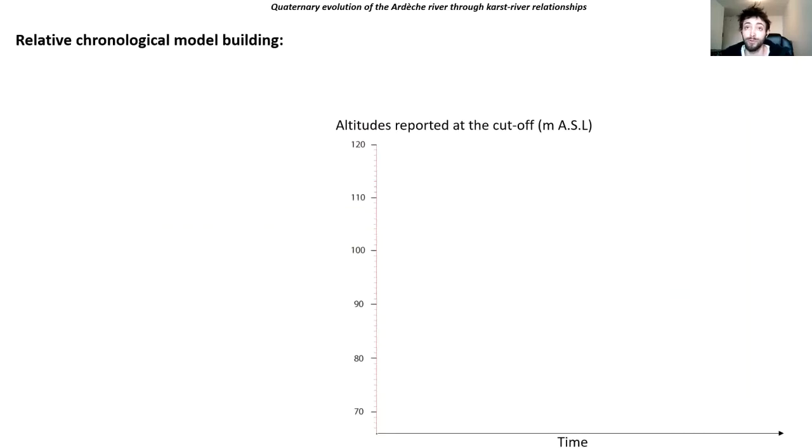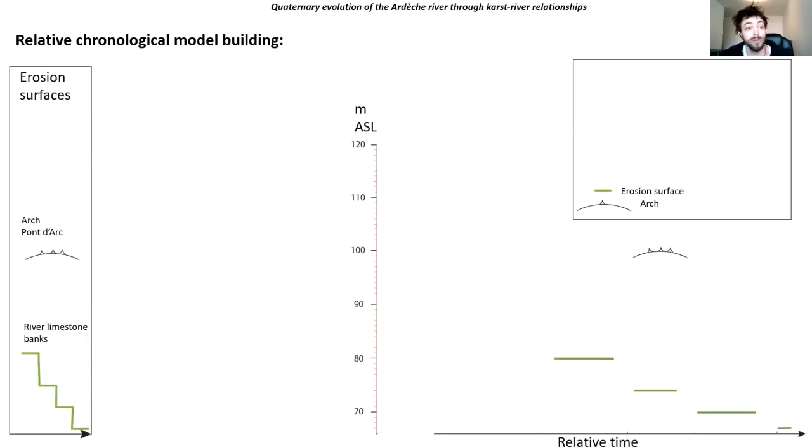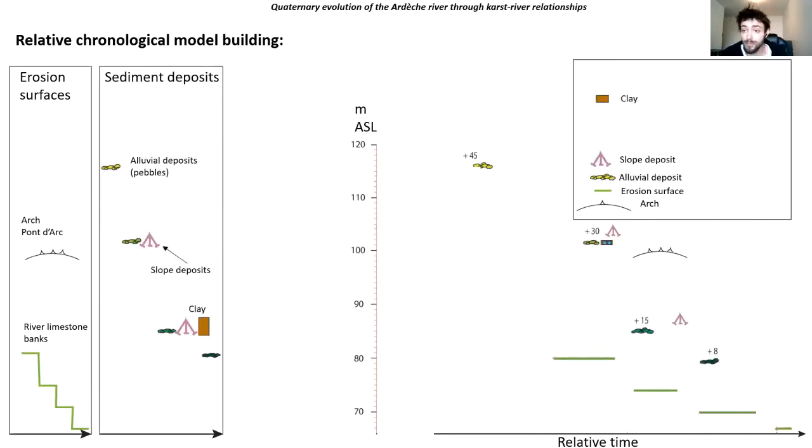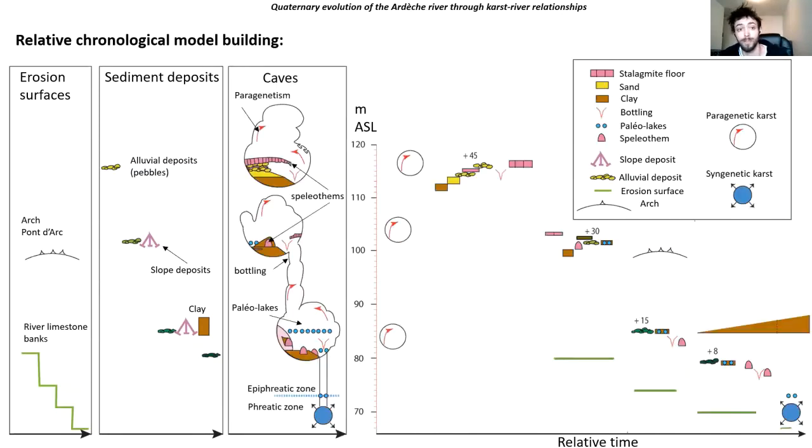Then we tried to report all these observations in the same altitudinal scale as a reference for understanding the river evolution. For example, we added the erosion surfaces, such as the Pont d'Arc arch and the river limestone banks, and we compared them to the sediment deposits, fluvial deposits, that we located outside the caves, and we could compare them to the cave systems at the same relative altitudes.